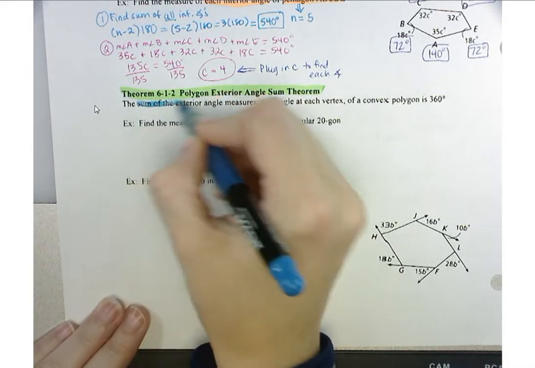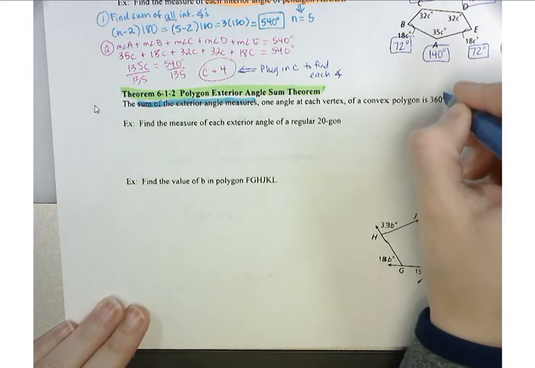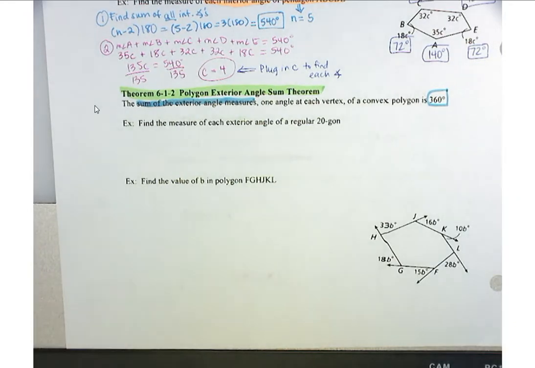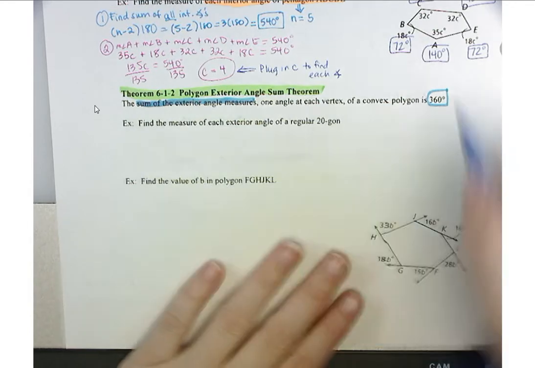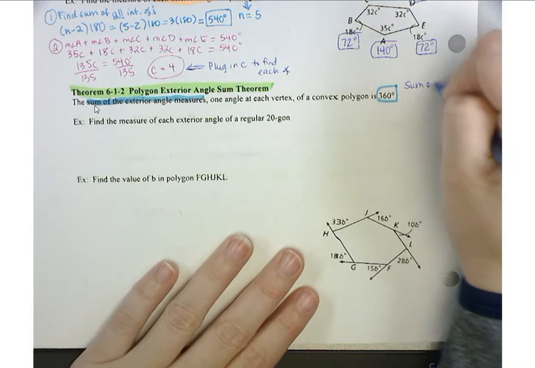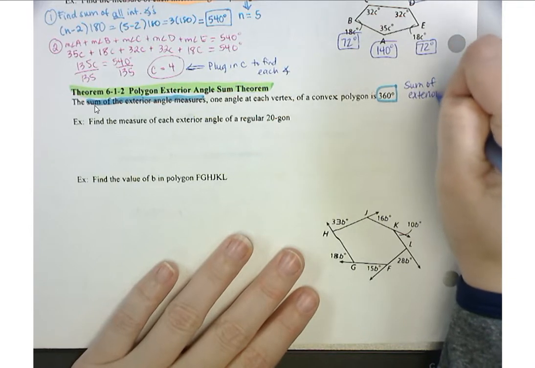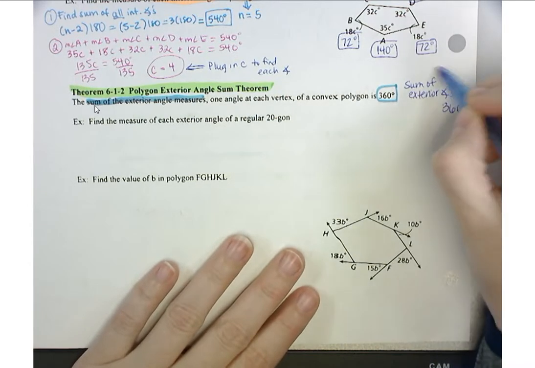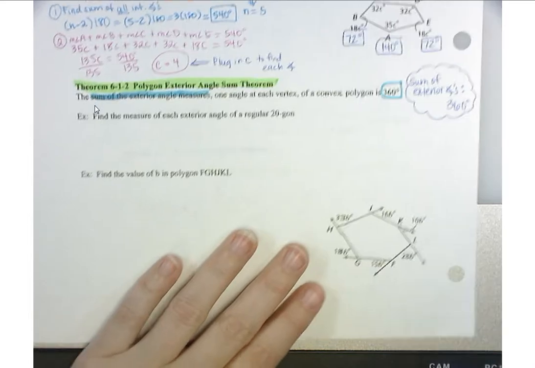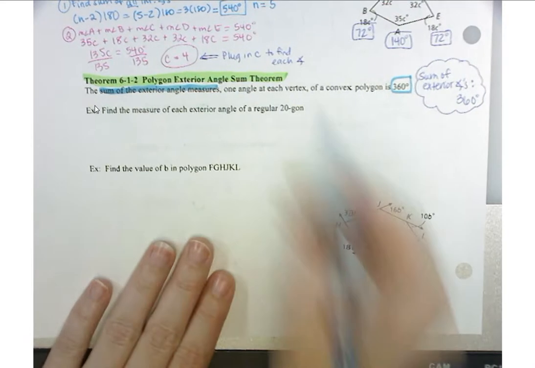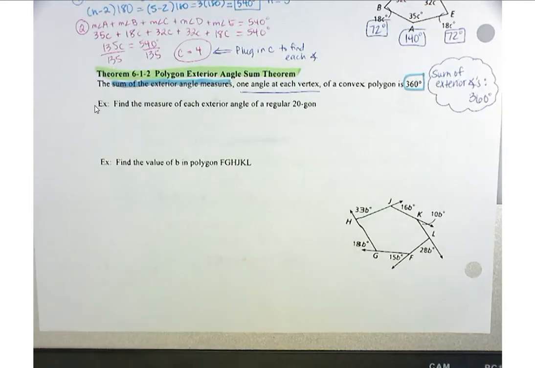So that's the sum. And no matter how many sides it is, it's always going to be 360.